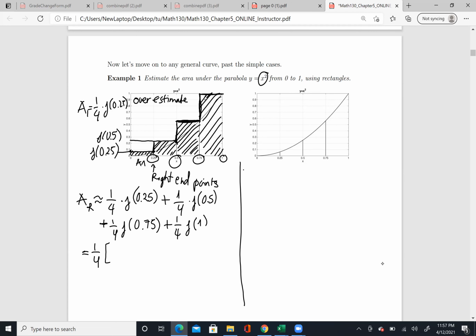So maybe I should draw this more clearly, so that we're taking the midpoint, right? So clearly you now have only 3 rectangles, but the height of each rectangle is from the midpoint of each interval, right?